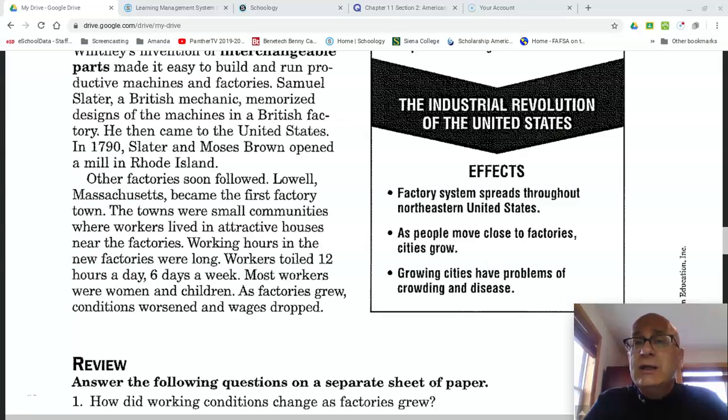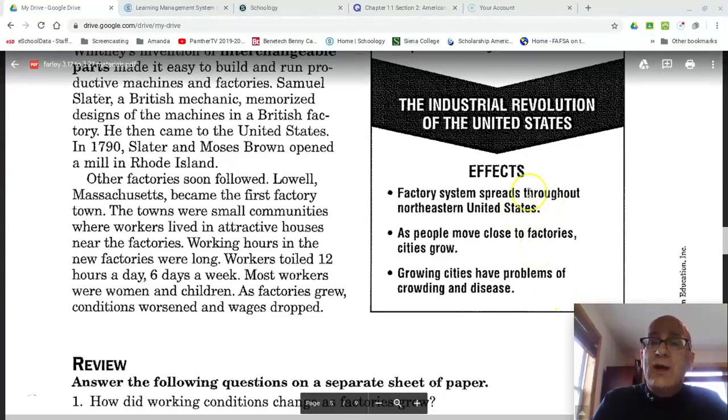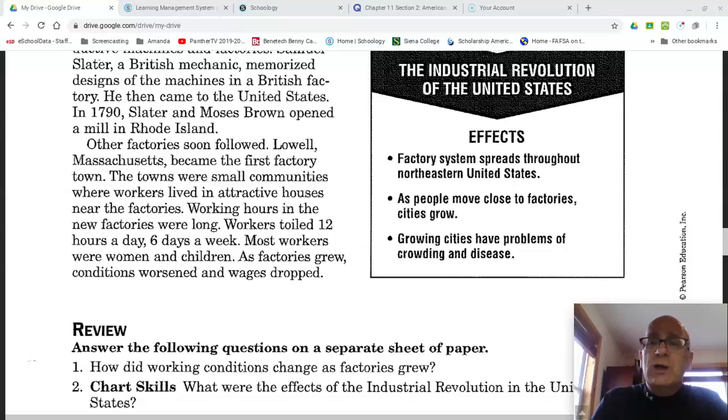While exciting in many ways, city life could also be very, very dirty. City life could be very, very dangerous in particular places. So these are some of the causes and the effects of the Industrial Revolution from the late 1790s to the early to mid 1800s.